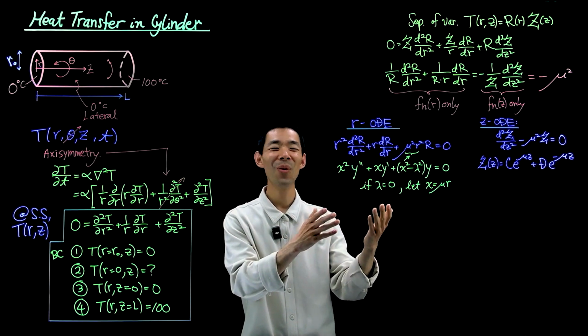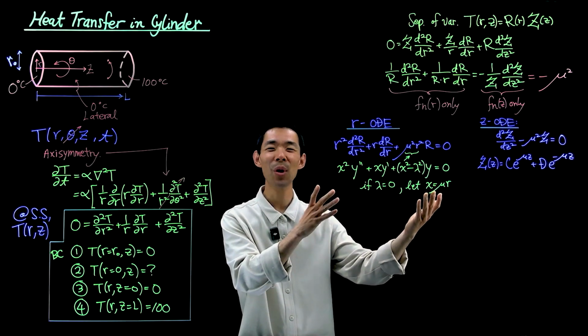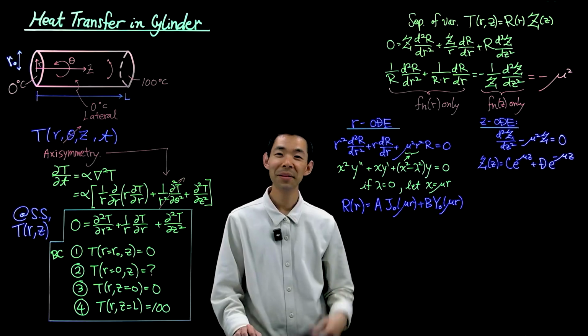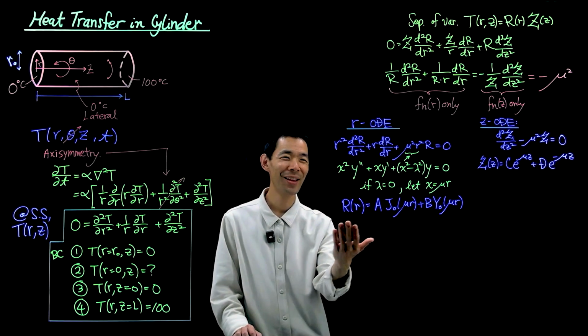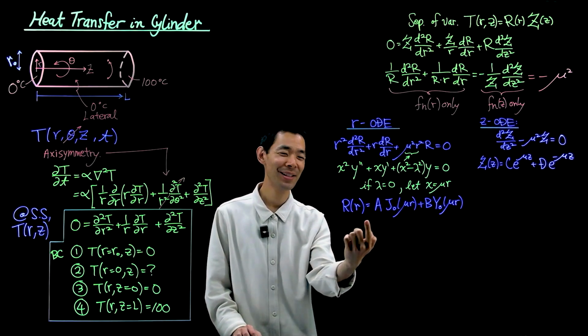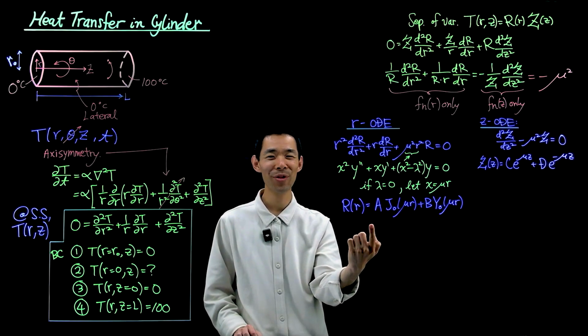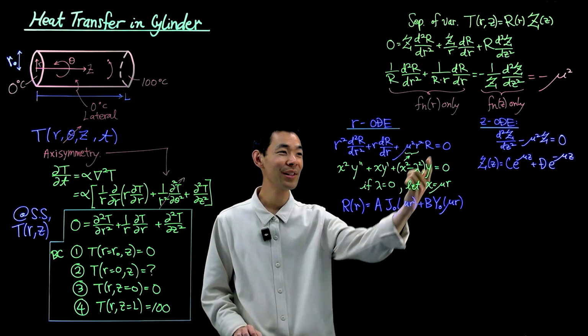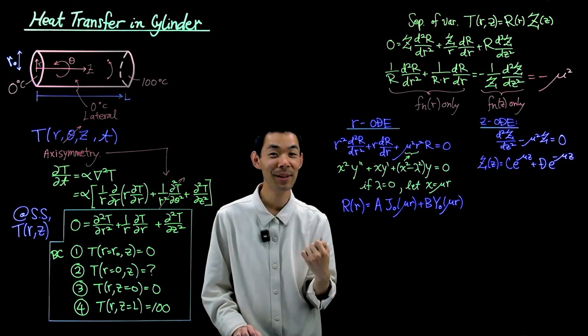We know what the solution to this Bessel's ODE looks like. They're Bessel's functions, just like that. So the function capital R is going to equal some constant of integration a times J sub lambda, which in this case is simply 0 because lambda is equal to 0.